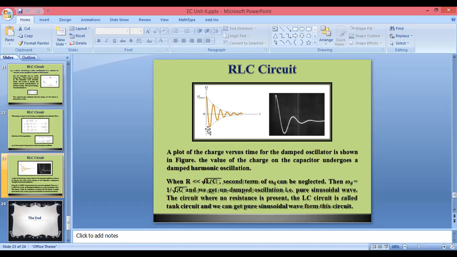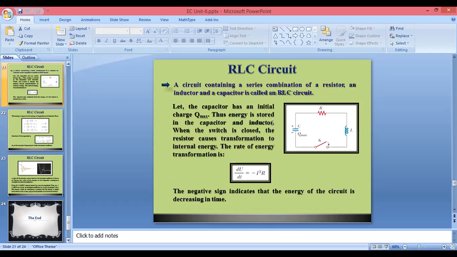You can see here we have the maximum amount of charge at start, but the value of charge is decreasing exponentially, because in the RLC circuit at the initial condition, we are considering the capacitor has maximum charge, and that charge is nothing but Q max.